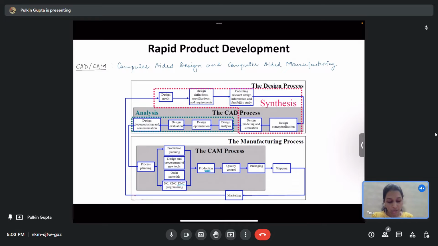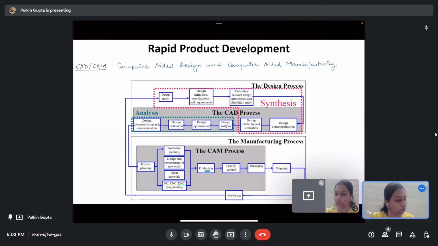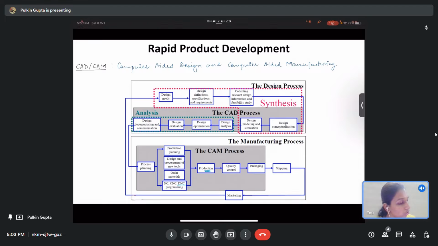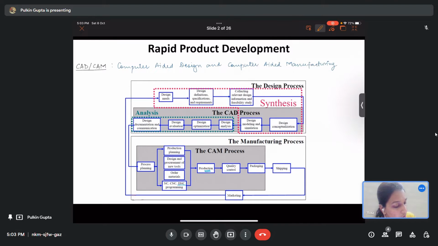It is a technology which is majorly concerned with the use of computers to perform your design and manufacturing functions.